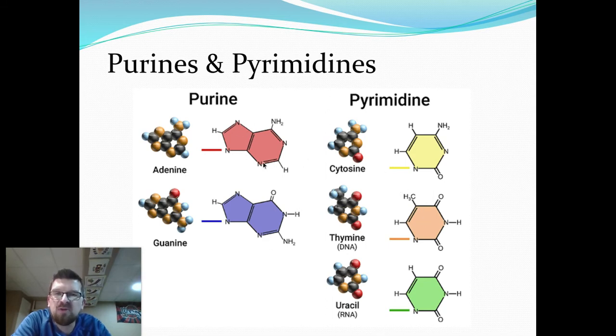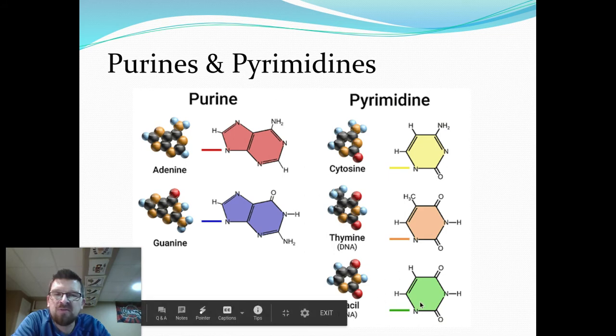So you'll notice the purines have 2 of these ring-like shapes in their chemical makeup. So adenine and guanine are the purines, and then cytosine and thymine are the pyrimidines, which only have 1 of those ring shapes. Don't worry about uracil down at the bottom. That pertains to RNA, which we're not going to get into yet.